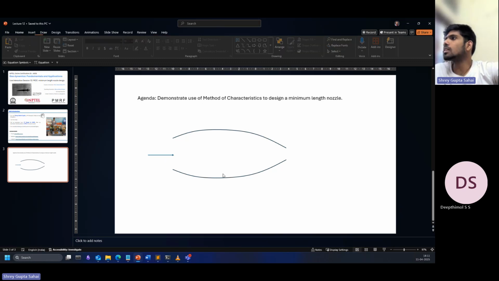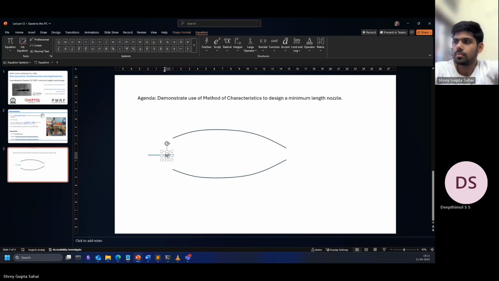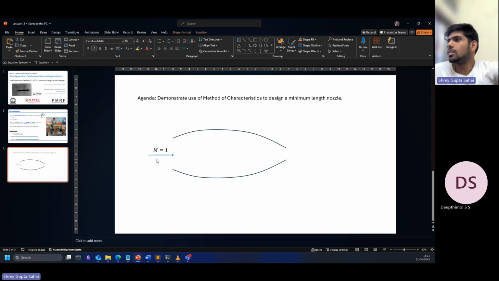The flow is sonic. And we want to expand that flow to some Mach number, and that would be given to us.